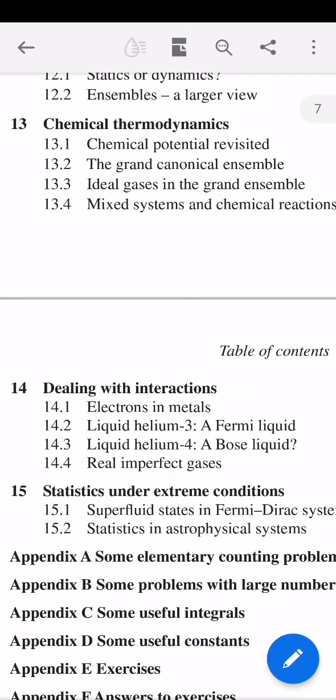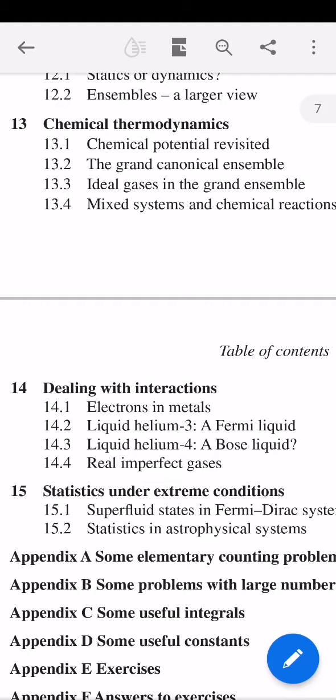So this is a bit imaginative, which I wouldn't recommend to beginning students. And then the fifth chapter is future perspectives, superfluid states of Fermi-Dirac systems, statistics in astrophysical systems.